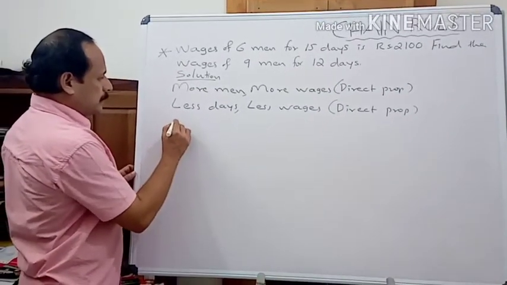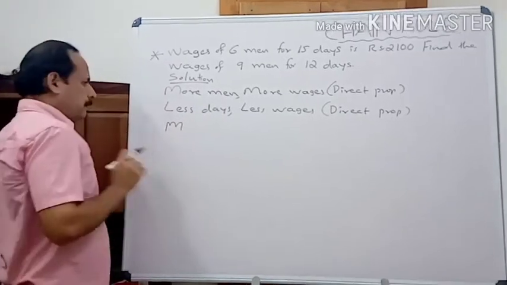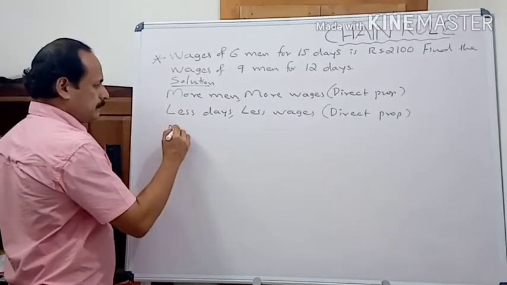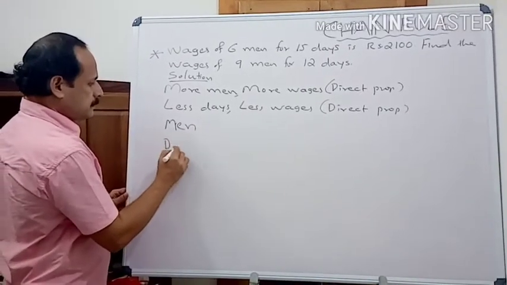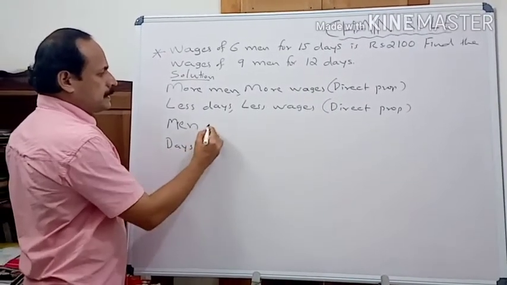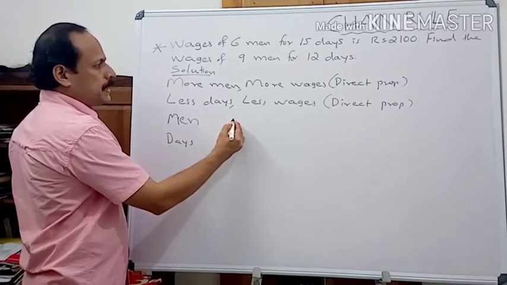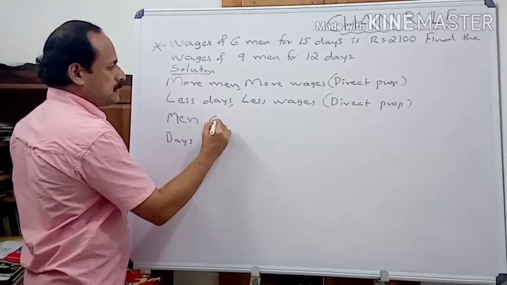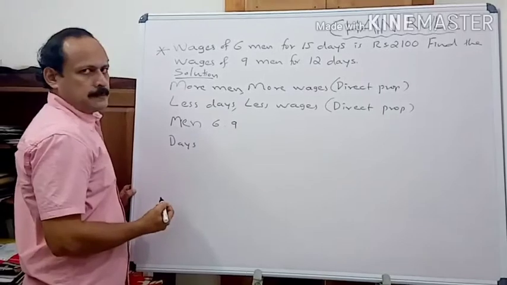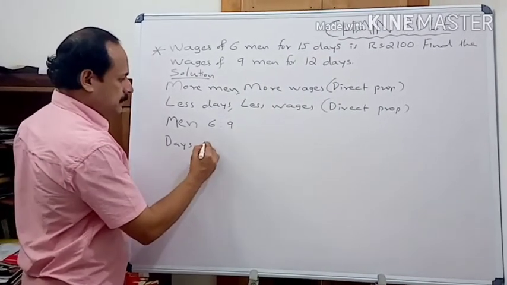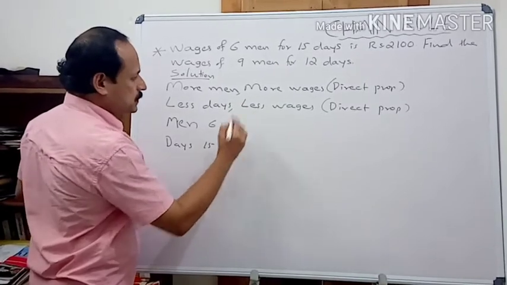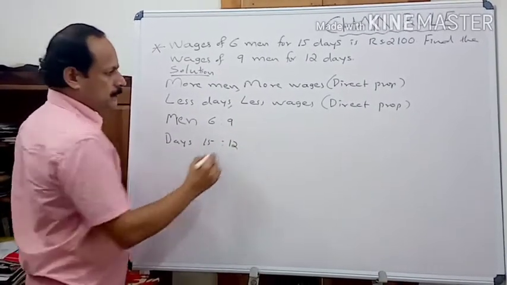Now we present the given question in this way. We write here men, then days, and write in this row the ratio of men, that is 6 is to 9. Then write the ratio of days, 15 is to 12.